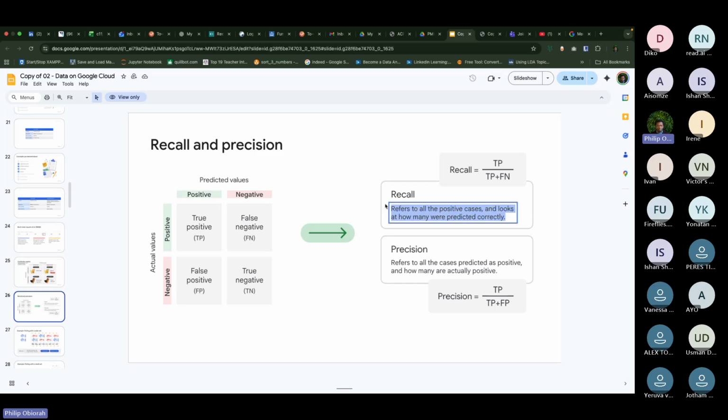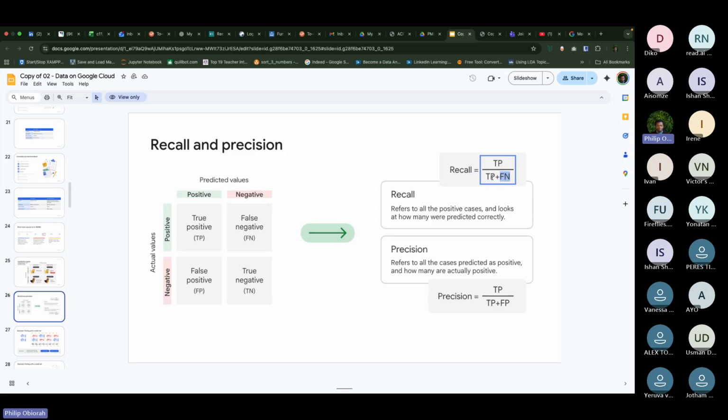Precision is: of everything we predicted positive, how many are correct? You can see the difference. Recall is true positive over true positive plus false negative.